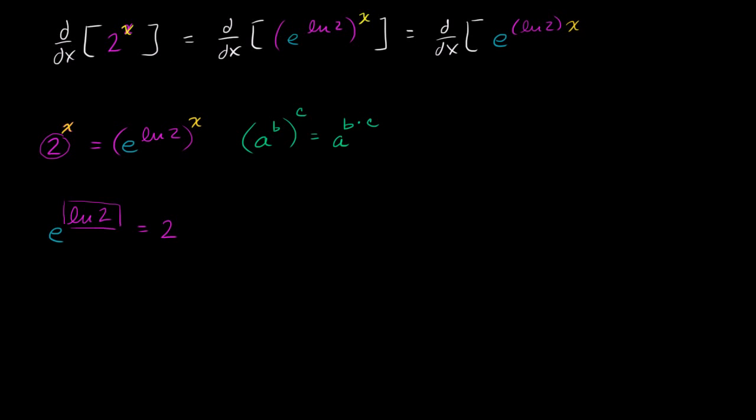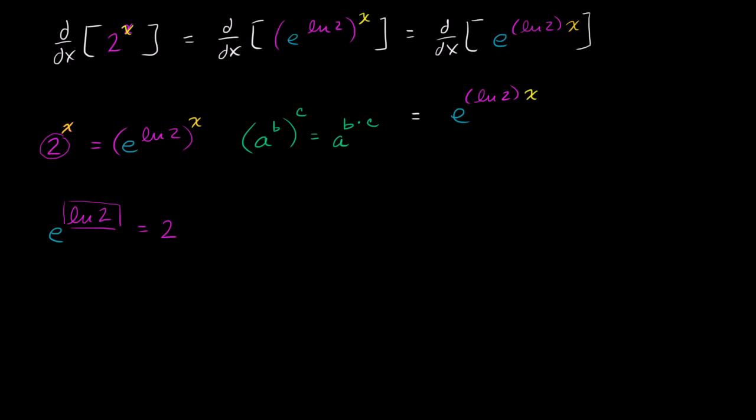And what's neat about this is now we got this into a form of e to the something, so we can essentially use the chain rule to evaluate this. So this derivative is going to be equal to the derivative of e to the something with respect to that something. Well, the derivative of e to the something with respect to that something is just e to that something. So it's going to be equal to e to the natural log of 2 times x.